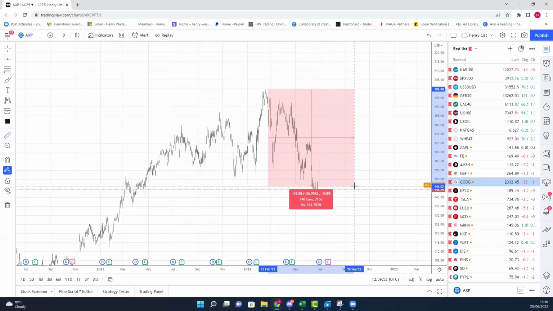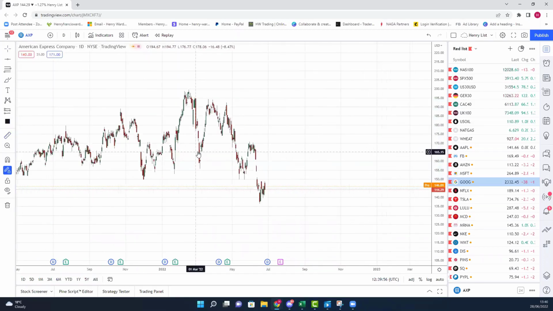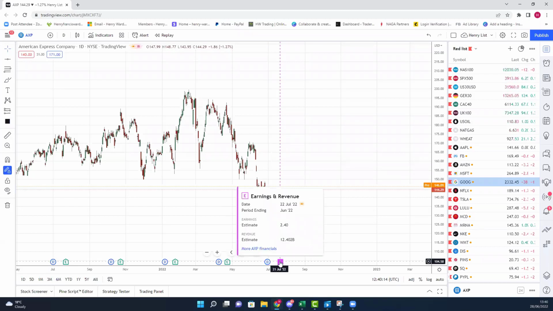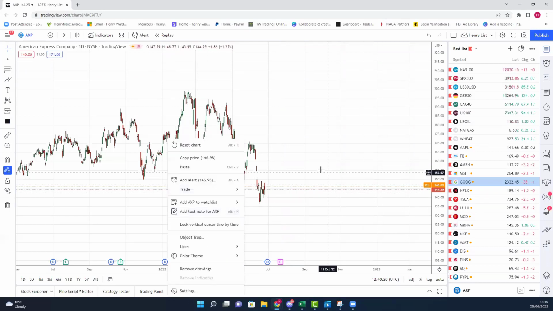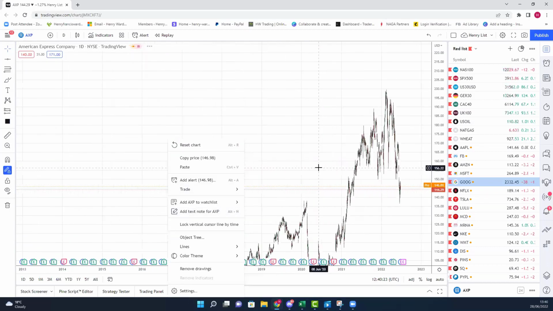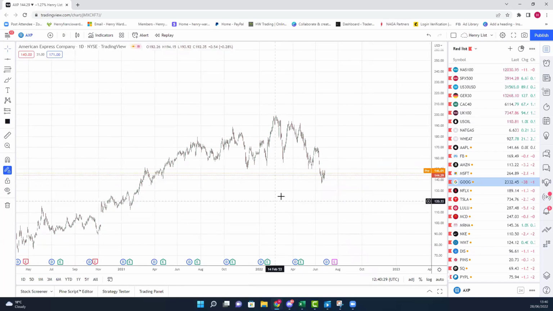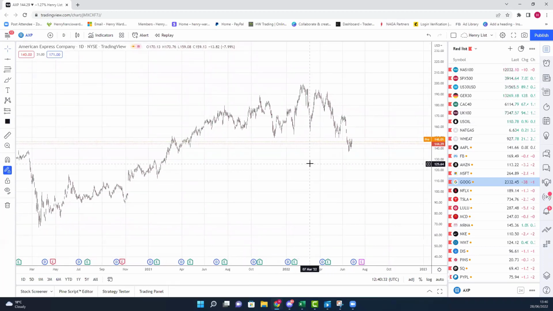It's now 26% down. But again, it has a dividend coming out on the 30th. So anyone who has Amex, you have a dividend coming, and their earnings are coming out on the 22nd, same as the others. But again, if we look at the trends here, it hasn't dropped anywhere near as much as the other ones.